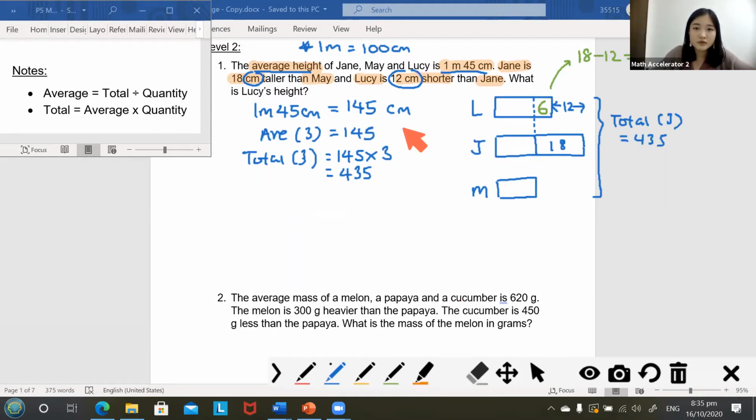Okay, so now we have to find these 3 equal units here by taking away the extra. Right, so what is the extra?